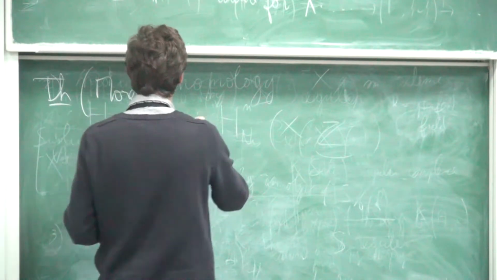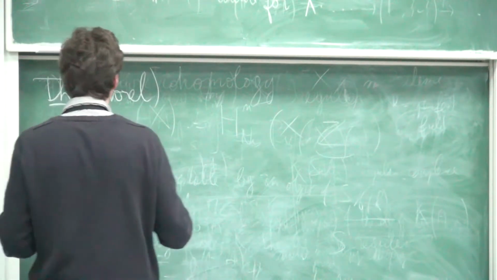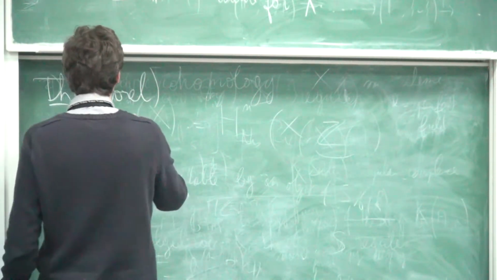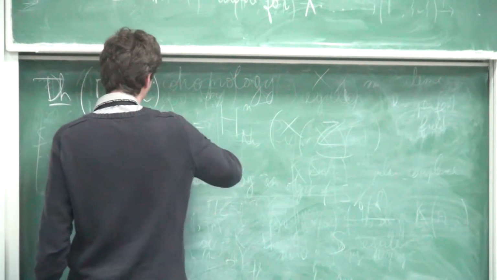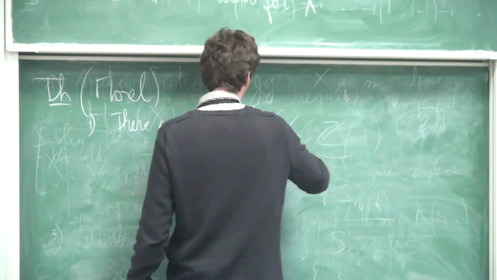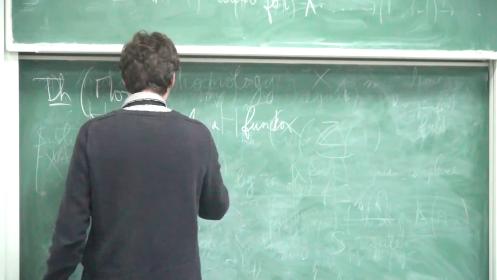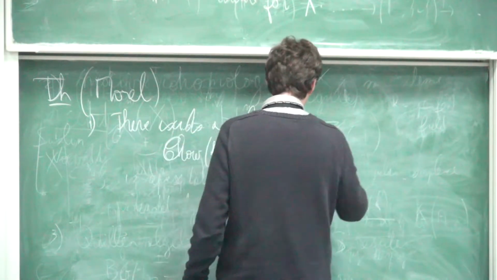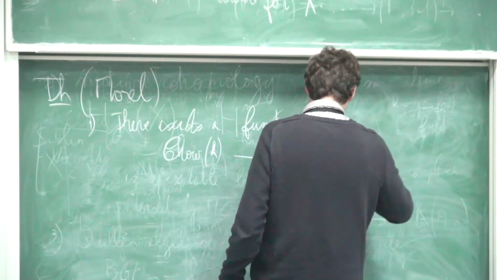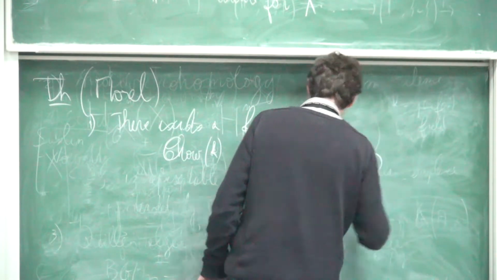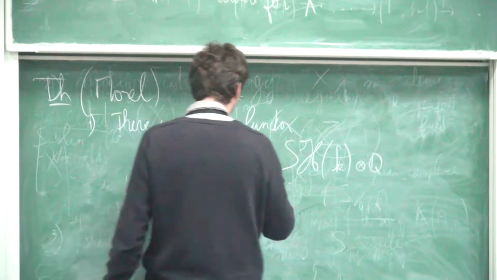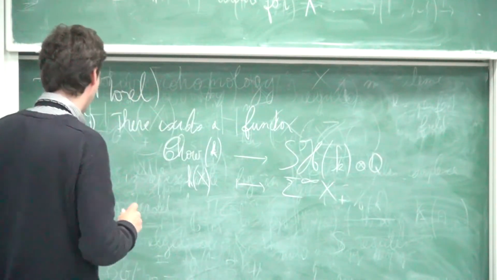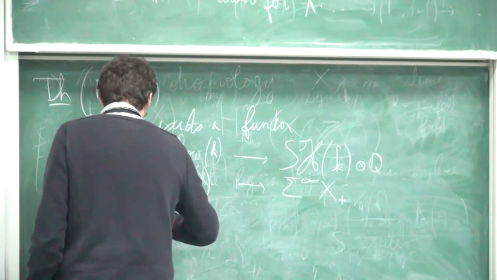He did not publish the paper, but still it's okay. So under this assumption, let's say the first version is that there exists a functor from the category of Chow motives, Chow(K), to the rationalization of the stable homotopy category over K, which sends the Chow motive of X to the infinite suspension of X with a point added, like that. And this functor is fully faithful.